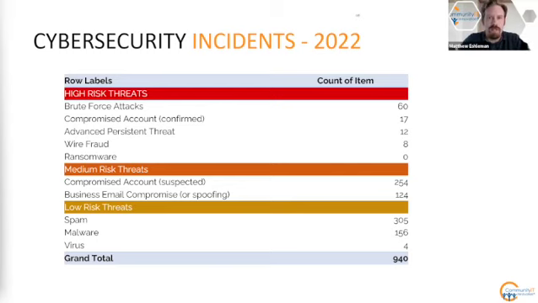So that was something that we saw occur in a number of cases where there were deficiencies in both the organization's controls and then also at the bank as well. And then here we have the final high risk threat, which is ransomware, which for us was zero last year.